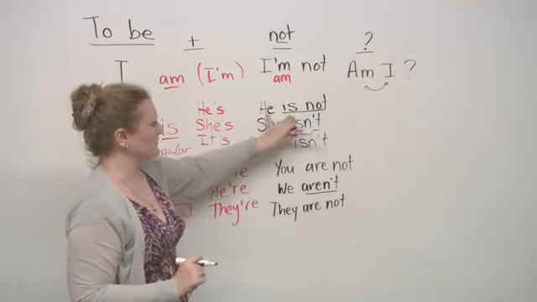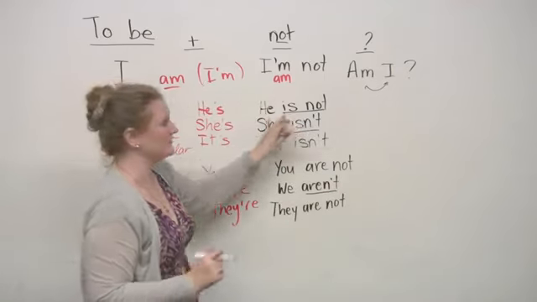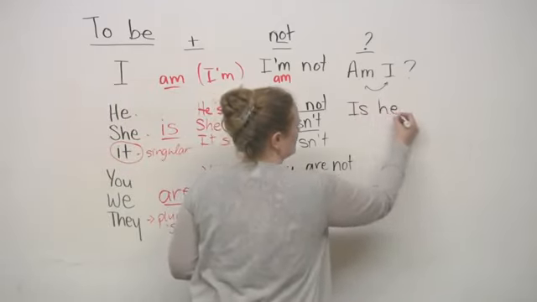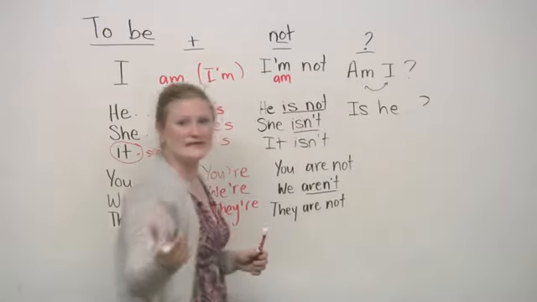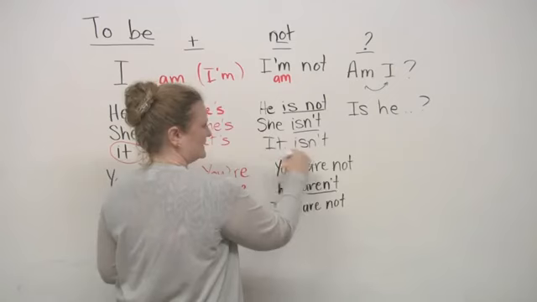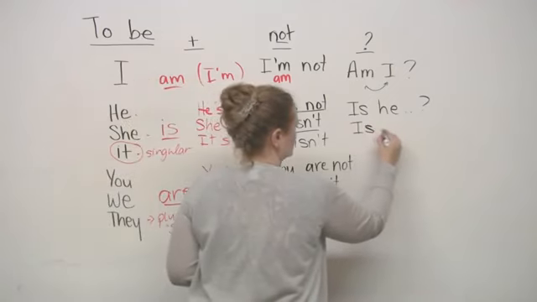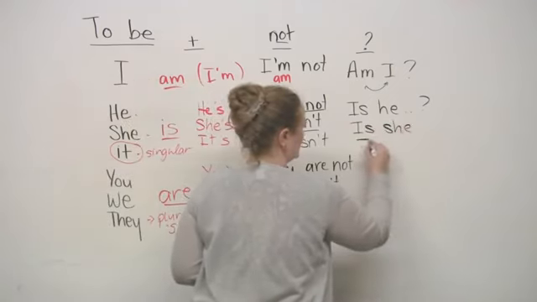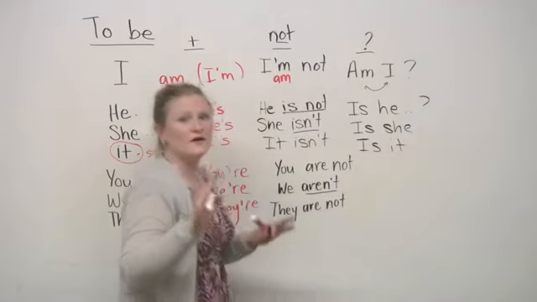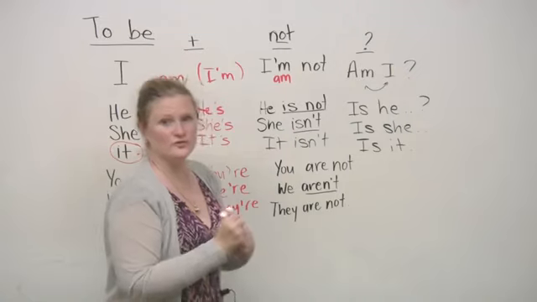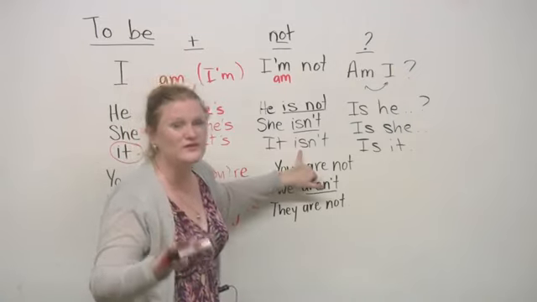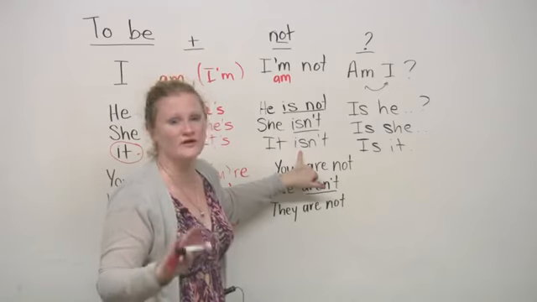If we switch the verb and the subject, he is changes to is he. We also say, is she, is it. It's very unusual if we would start a question with, isn't it. We do say that sometimes, but it's not usual.